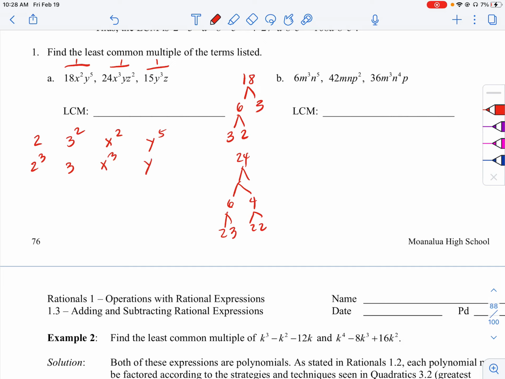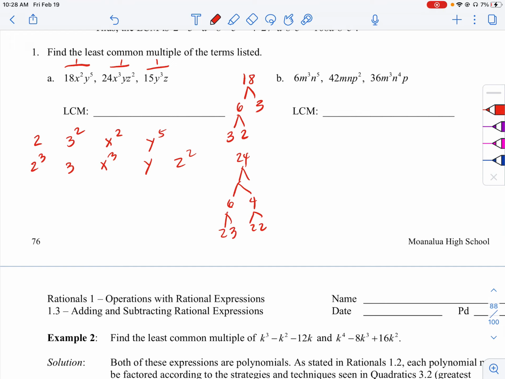I'm not going to break the x cubed. I have a y and a z squared. If you notice, I write them vertically and in line. All the 2s are together, all the 3s, all the x's, and that's what you're going to be doing when we do another example later.